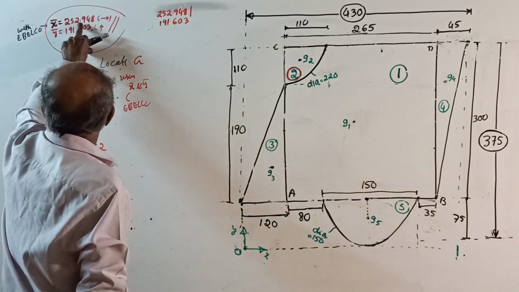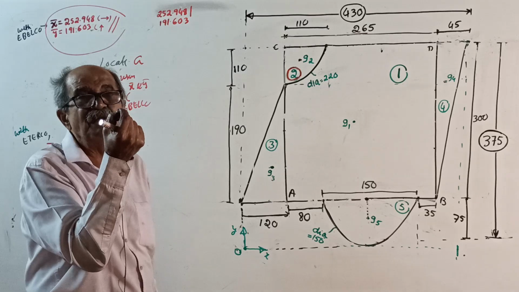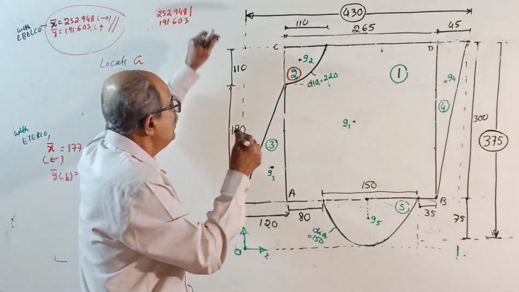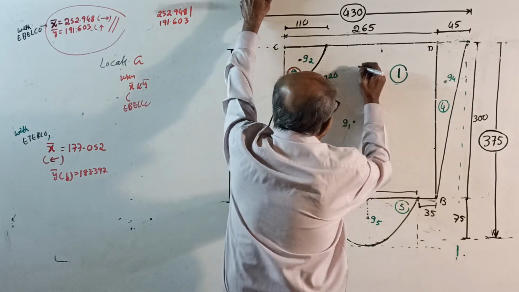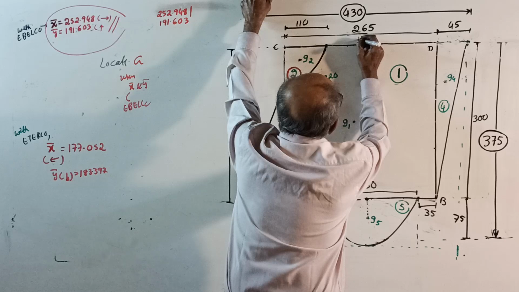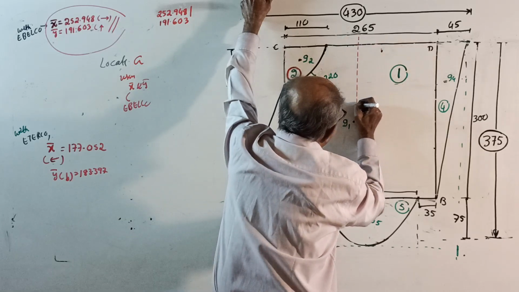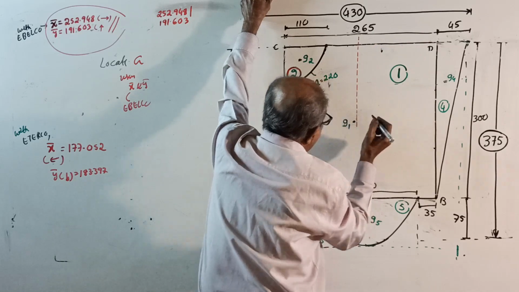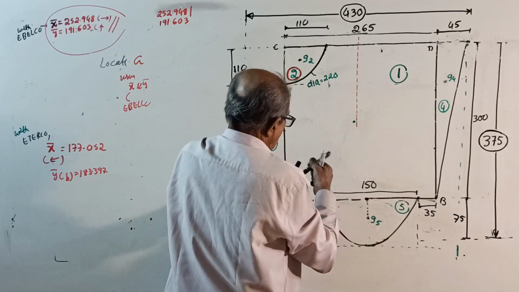X bar is 252.948, half a millimeter more. Very small. So your centroid will be very, very slightly after G1. But it should be this way. See, now I have to shift. Okay, no problem. G1 I write here now.